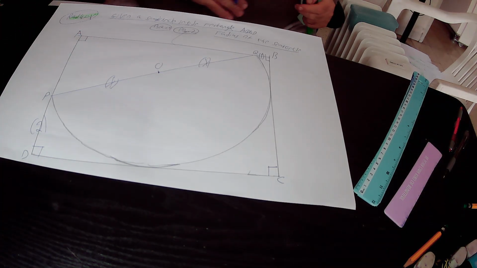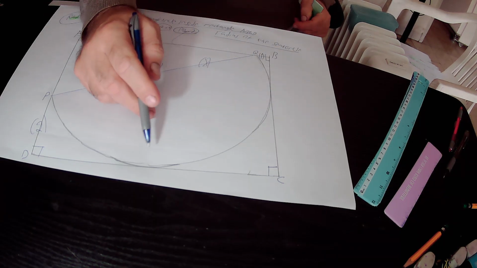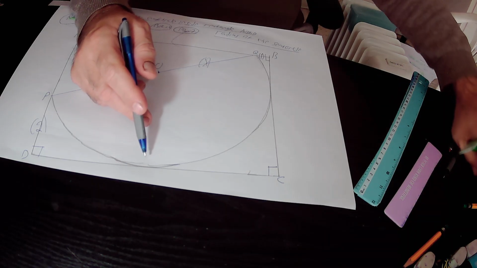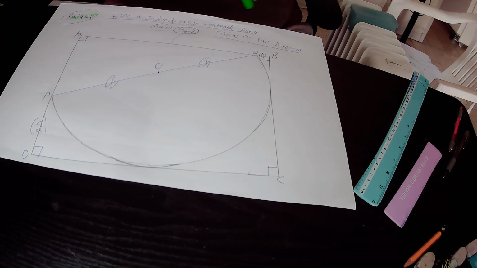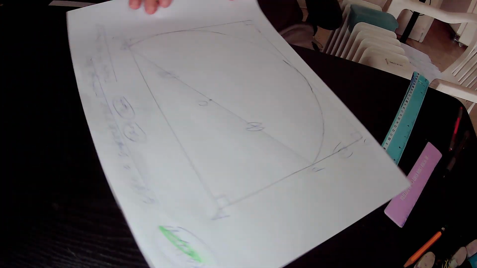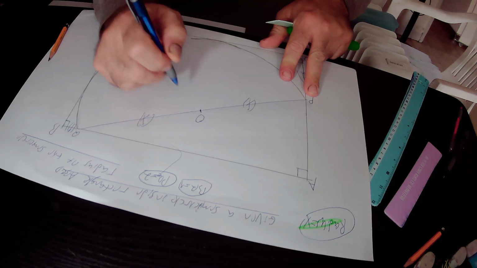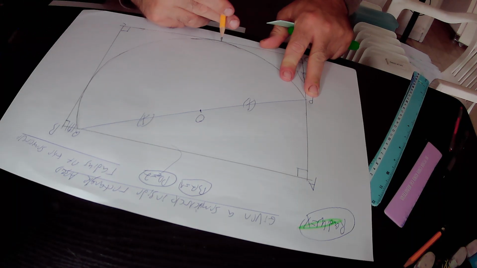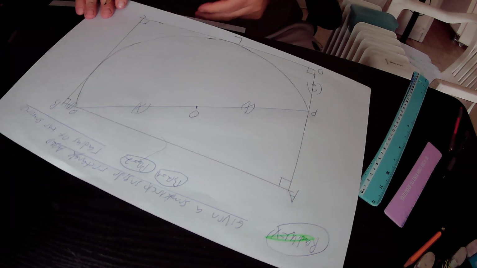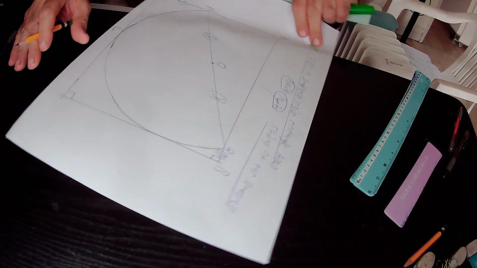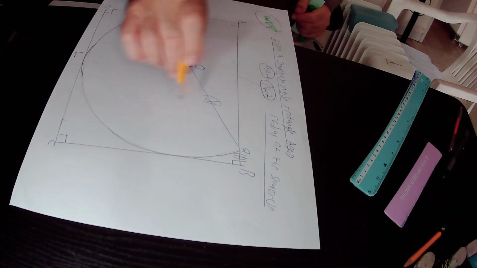In the next step, we define the point of tangency of tangent DC with this semicircle. This point is point L. Likewise, we define the point of tangency of tangent BC with this semicircle.